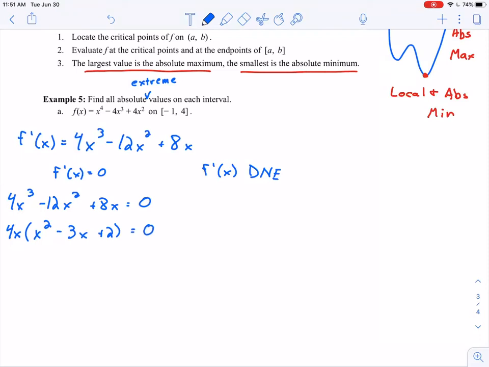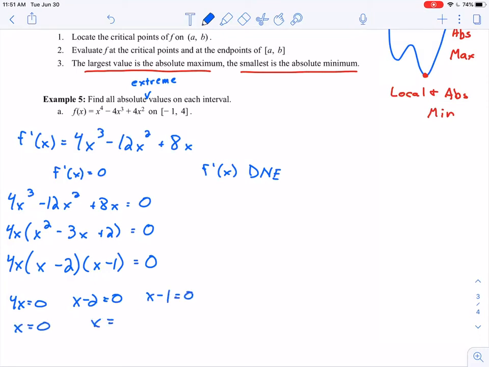And then let's see, I can take 4x, that will leave me with x minus 2 times x minus 1 is equal to 0. Take each factor, set it equal to 0, so 4x equals 0, x minus 2 equals 0, x minus 1 equals 0. This gives me x equals 0, x equals 2, and x equals 1.